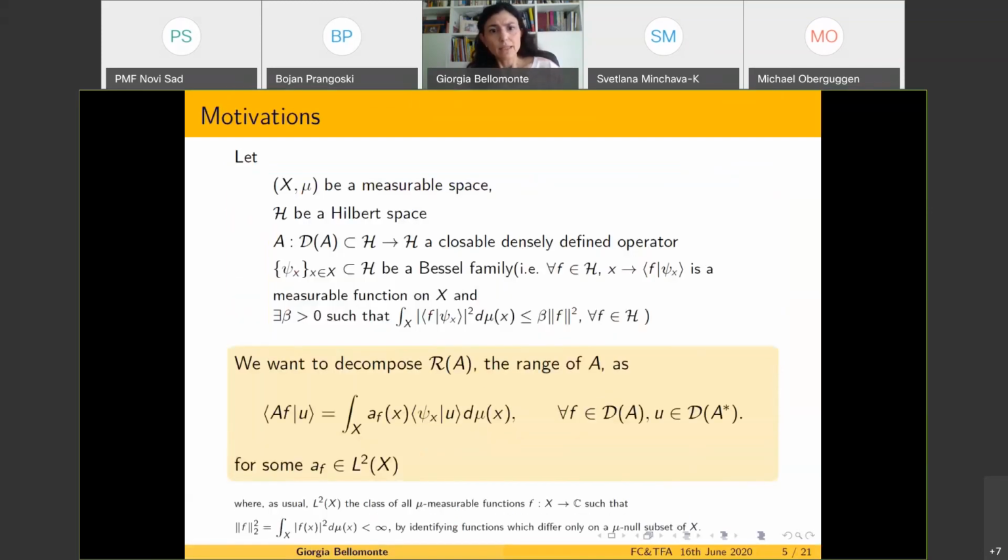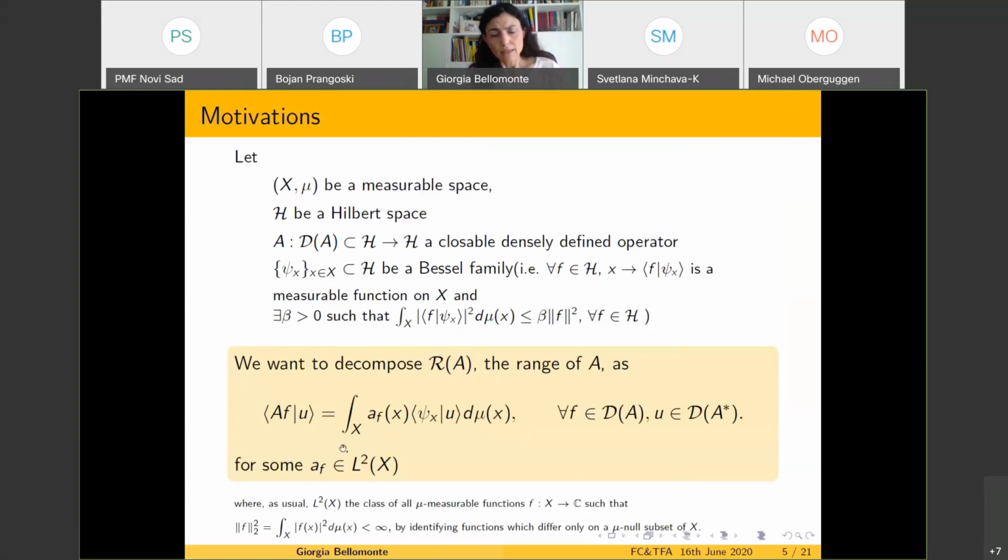So if we have a measurable space and a Hilbert space H and a closable densely defined operator A, and if we have psi, a Bessel family in H, we want to decompose the range of this closable densely defined operator weakly, this way.